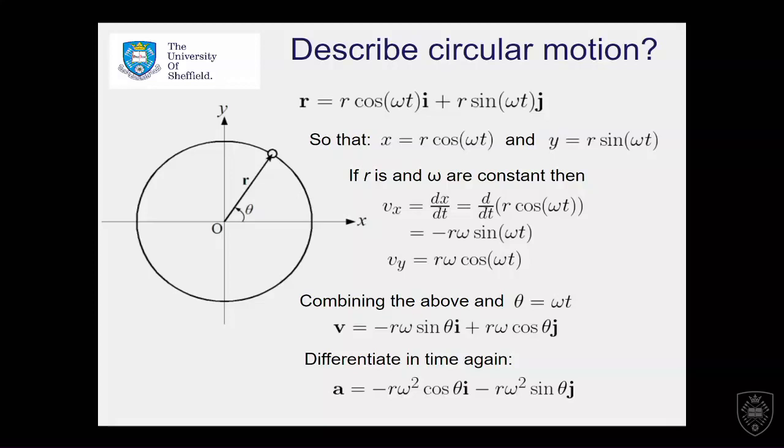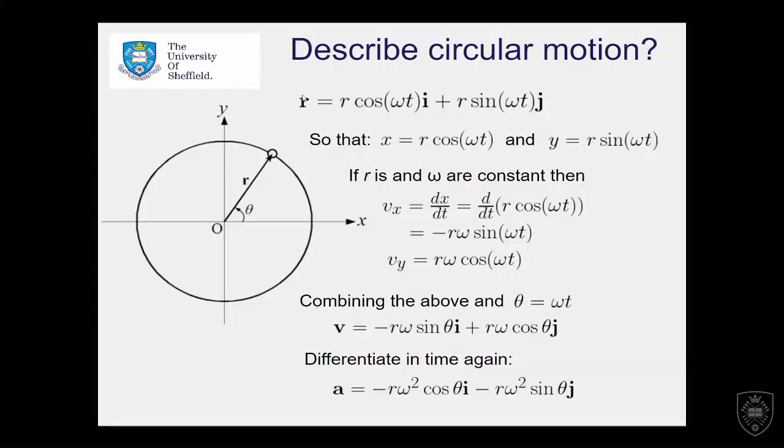So the beauty of using the vectors here is that just by differentiating r in time, you're going to get the vx component appearing here, and the vy component appearing here. Now, I've substituted theta equal to omega t here. I guess I should have done it earlier, maybe.